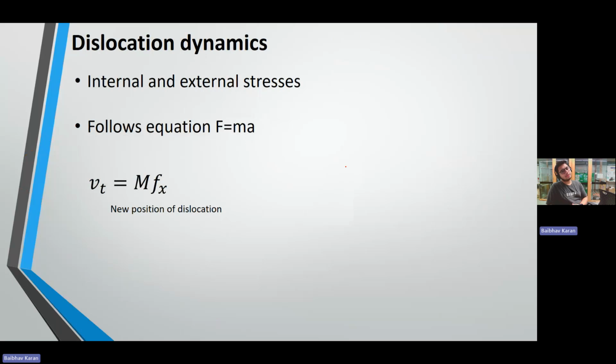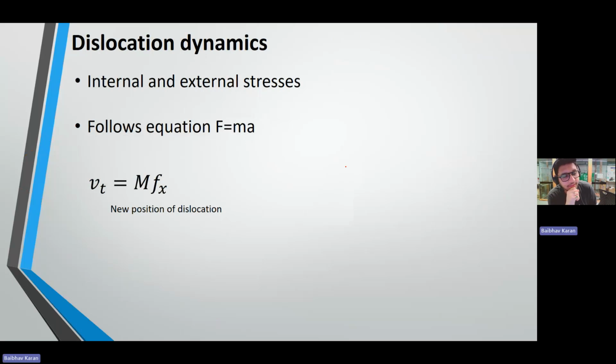Then we studied dislocation dynamics, such as internal and external stresses applied to the dislocation, and how they affect the movement of the dislocation. It of course follows the F equals ma equation, the Newtonian equation, but we need to find out the exact value.